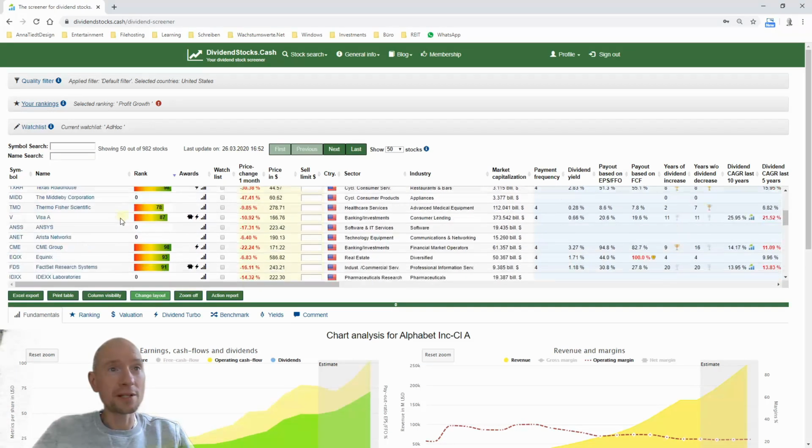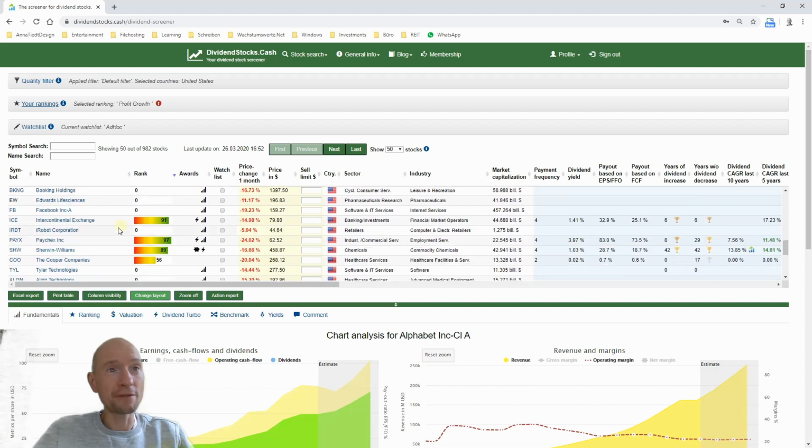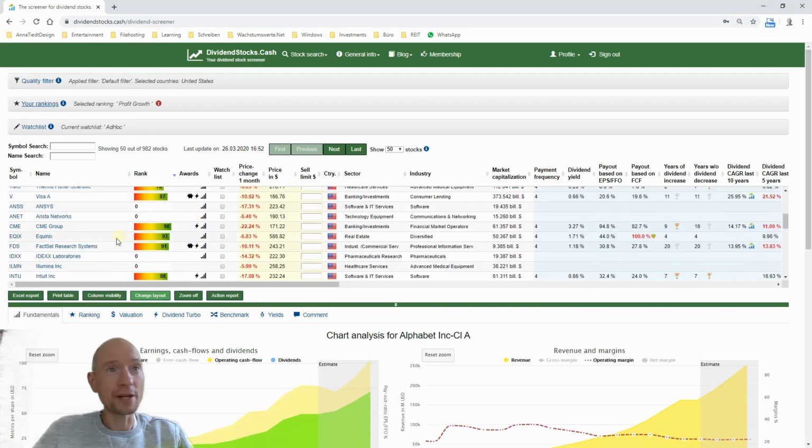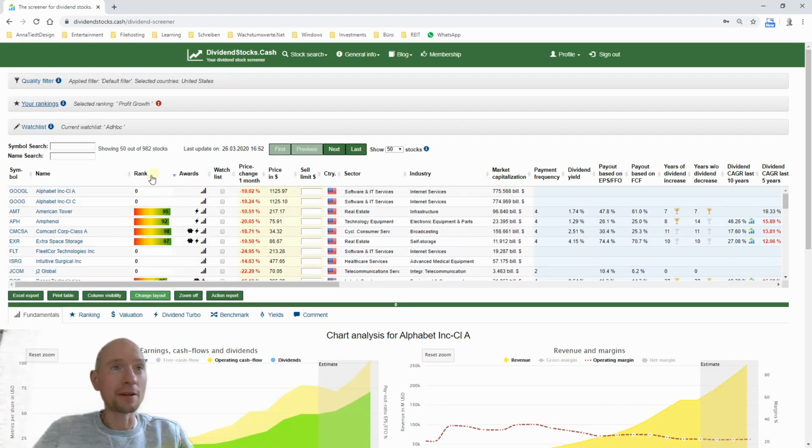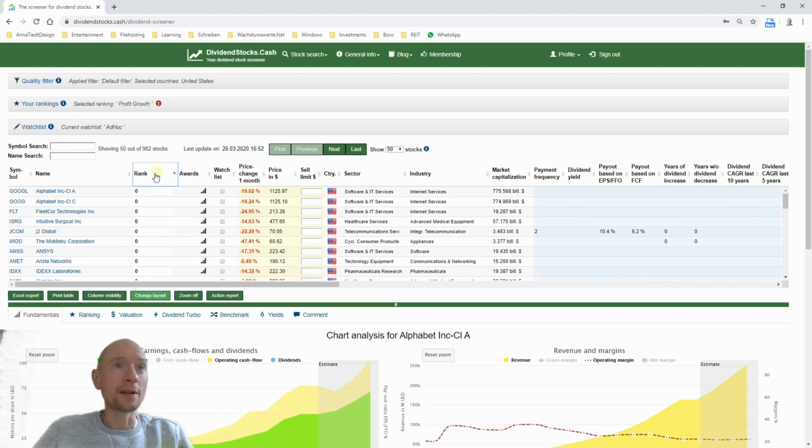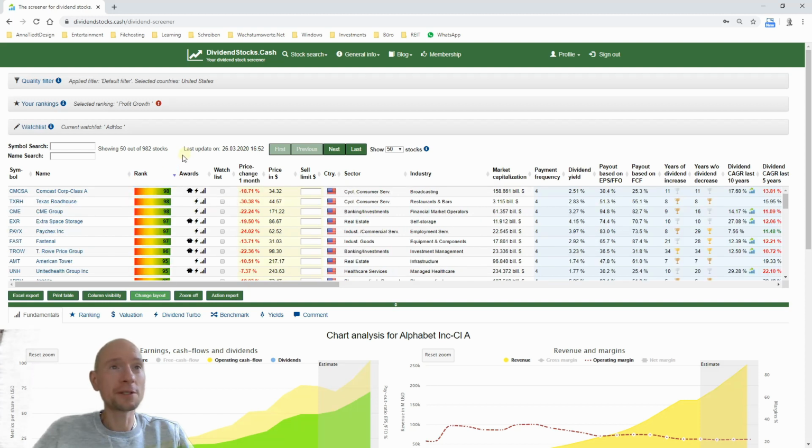But there are still stocks left with very high rankings, and we can just sort once more to get it in descending order. Here it is. And now we have Comcast, Texas Roadhouse, for example, CME Group, Extra Space Storage, and these might be interesting stocks. You see this awards column.